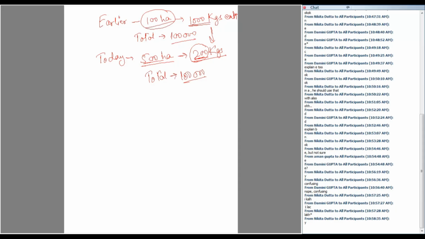Or if I make this 300 kgs per hectare, then you will say, oh, total production has increased. Now the total production is 150,000 kgs. Even though the total production has increased, per unit has decreased from 1000 to 300. Why has this happened? Because earlier these 100 hectares were most productive.